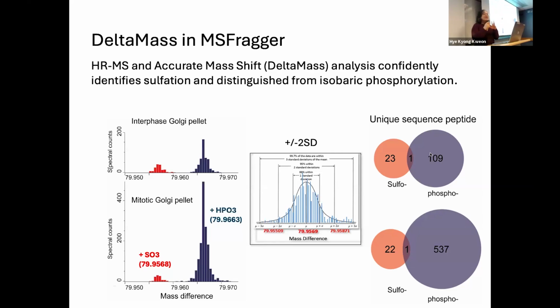What it does is MSFragger first searches wide open, like plus or minus 500 Dalton differences, and based on the fragments, it finds the sequence, and then it reports the mass difference between the sequence-based theoretical mass and the actually measured precursor ion mass. So the delta mass usually matches protein modifications, like phosphorylation.